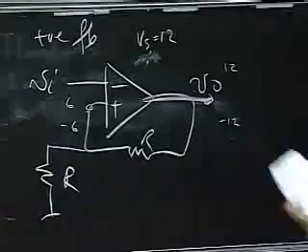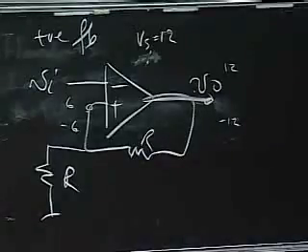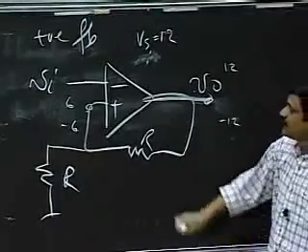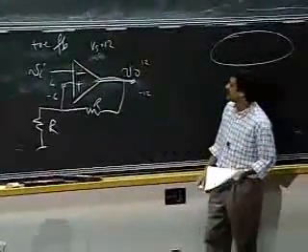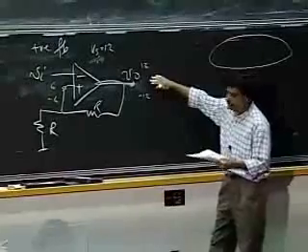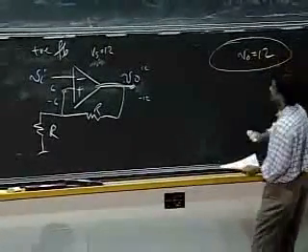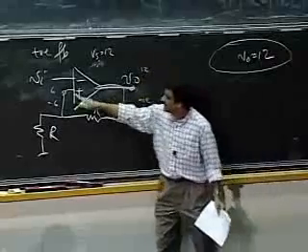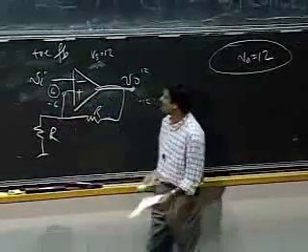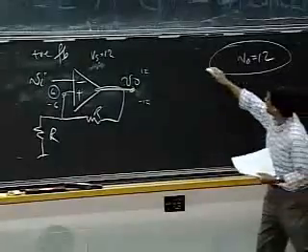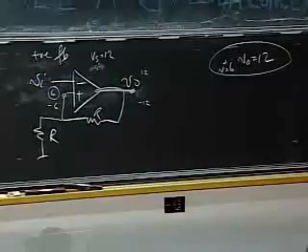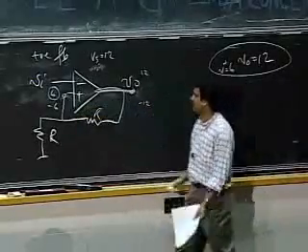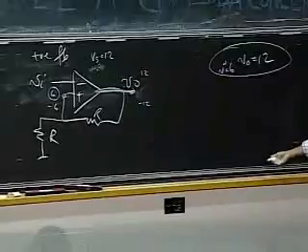Let's understand how this circuit works when I apply an input Vin. Let's start by assuming my input is 0 for a moment, and let's say my output starts off being 12 volts. Then the input here is going to be 6 volts. So in this case, V plus is going to be 6 volts, and my circuit is sitting out there doing nothing.